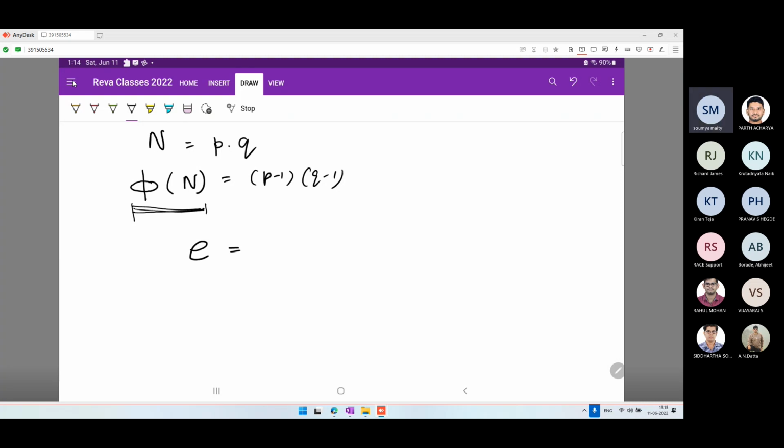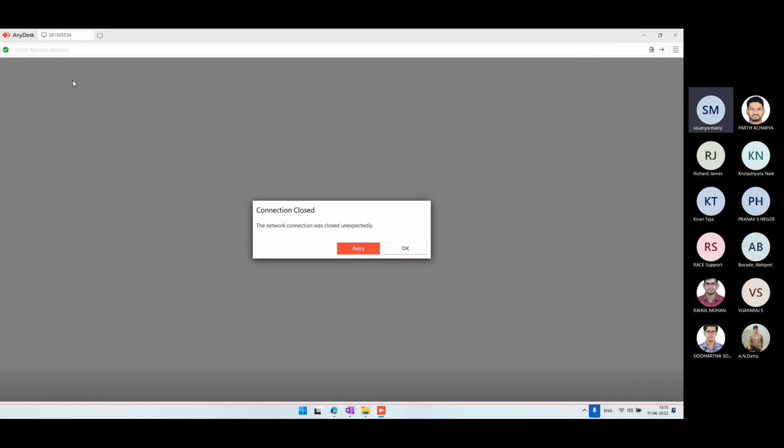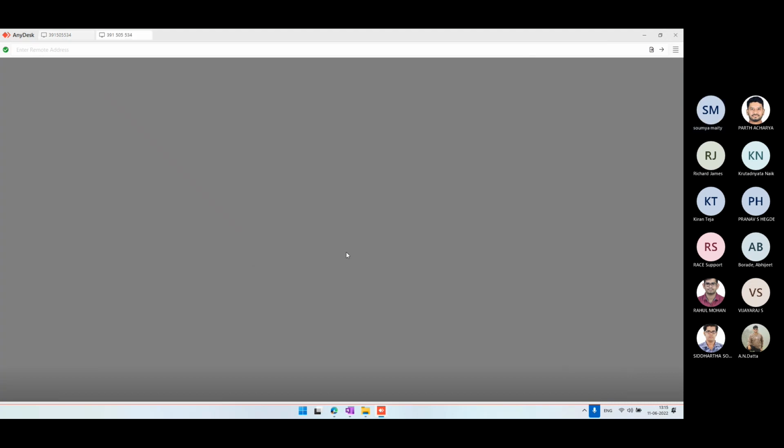I know the value of phi n, so I have to take any number which is not a factor of this one. So phi n should not be divisible by e.